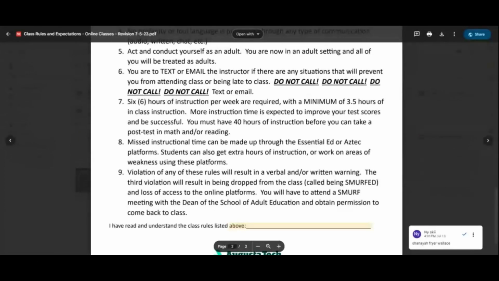If you don't have a phone or your phone is not working, then you can send it to me in an email.